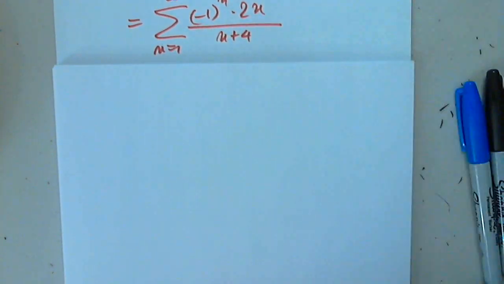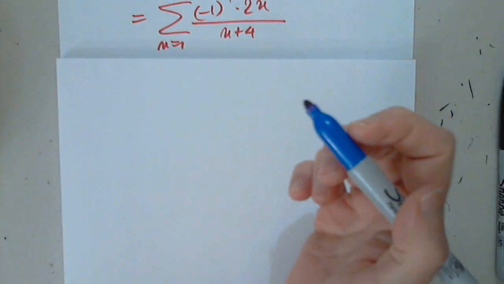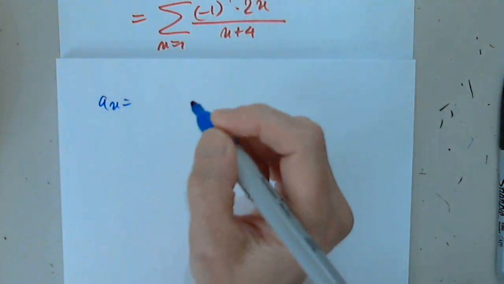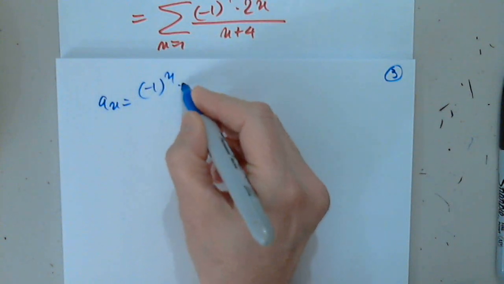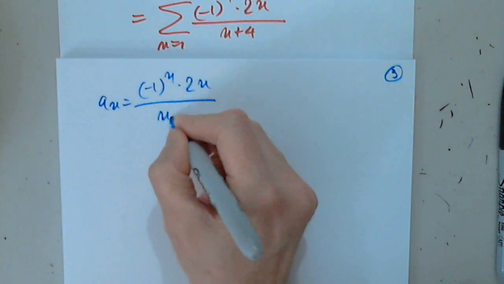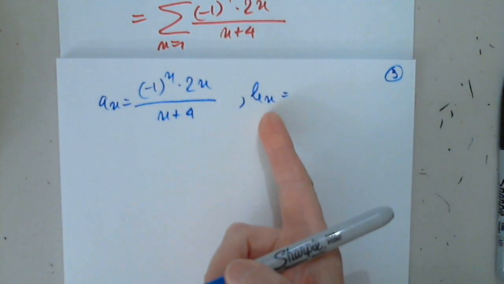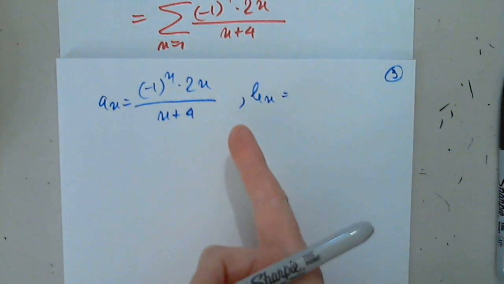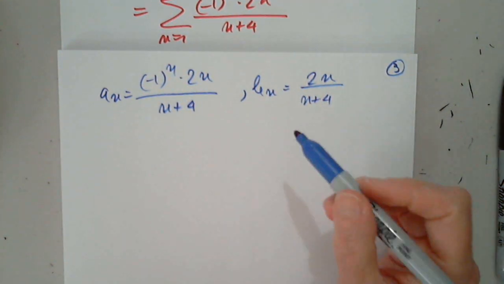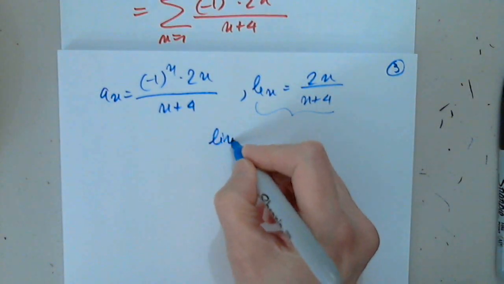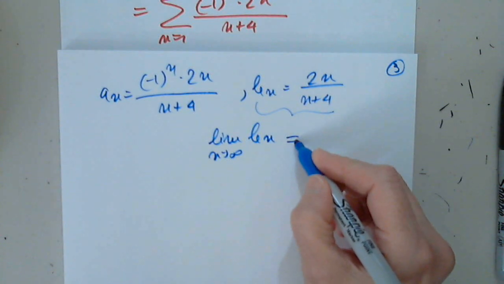Okay, so let's take a look. We know that a sub n is (-1)^n times 2n over n plus 4, and the generic term of positive terms will be b_n equals 2n over n plus 4. Notice something interesting here: the limit of b_n as n approaches infinity is not 0.